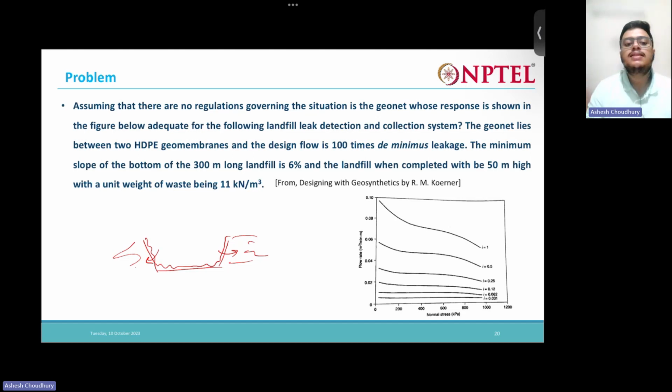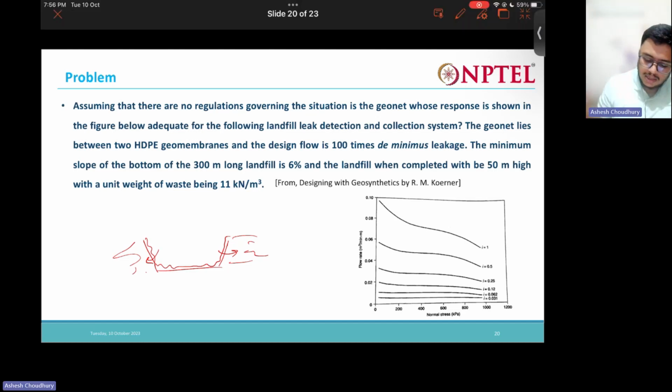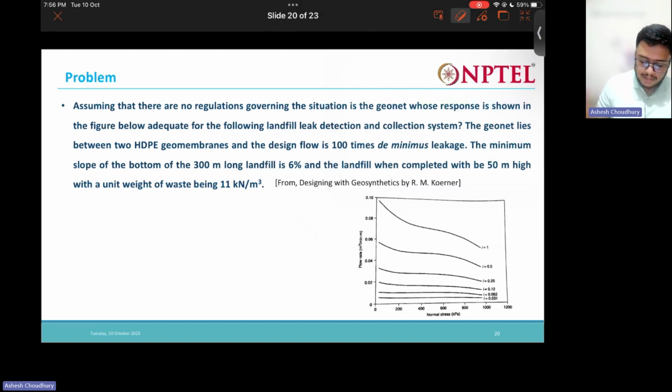And we have to design this system such that the maximum flow into the drains is 100 times that value. Here both of them are actually unrelated, just to get the value they have given it like that.